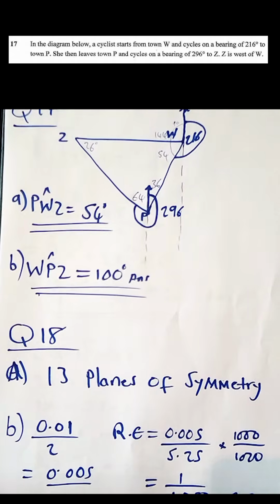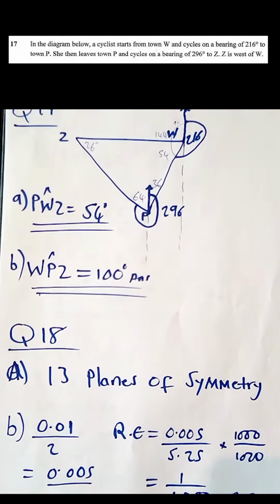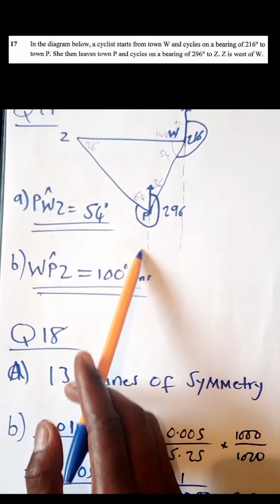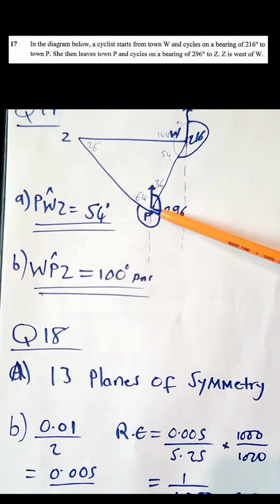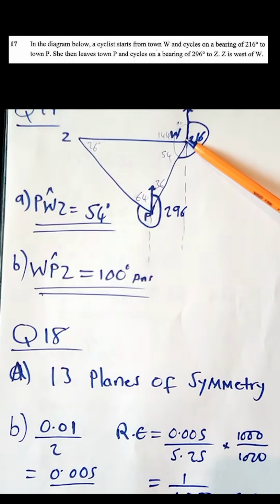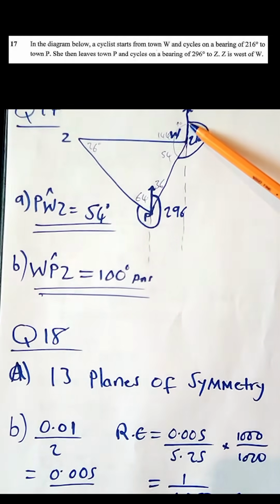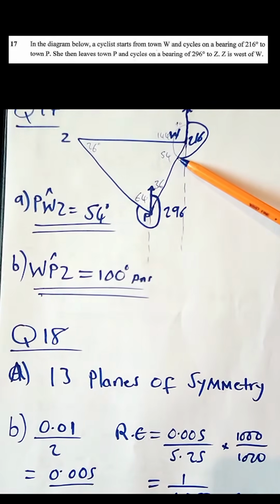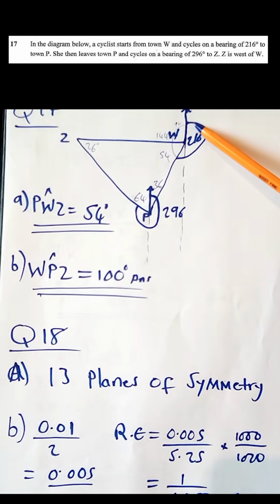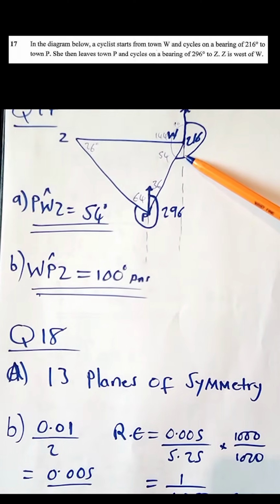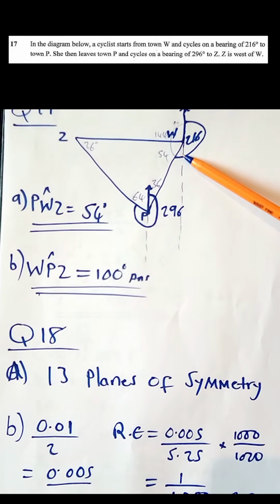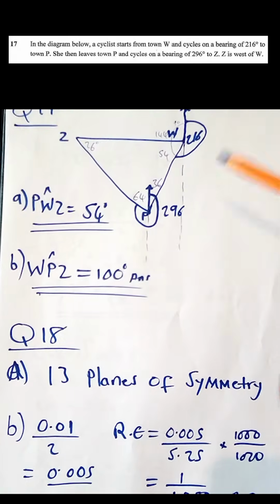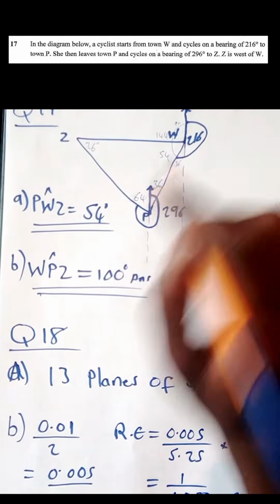So how do you calculate? Since this is bearing, let's extend these lines. We are given that here it is actually 216, but we know that from here up to here is a straight line, that is 180. So when we subtract 180 from 216, we find 36 here.